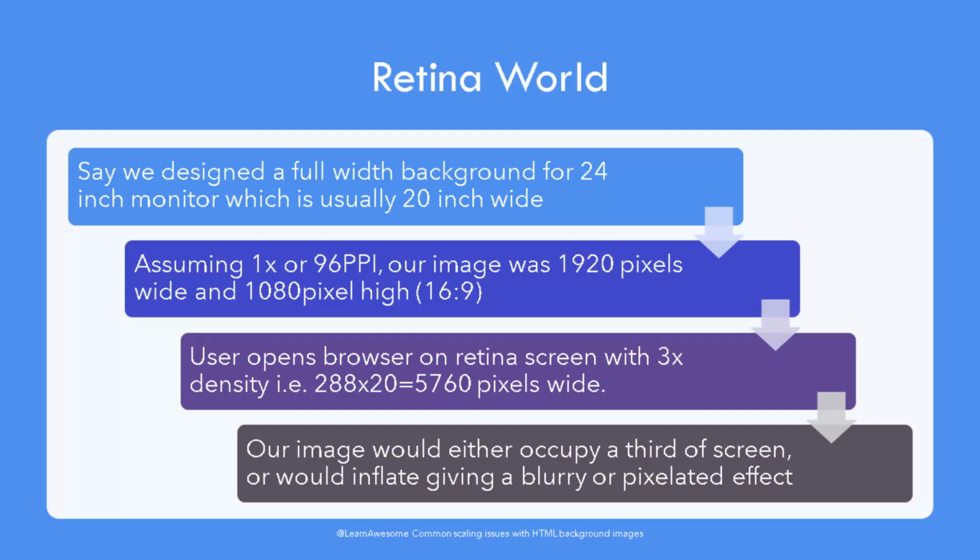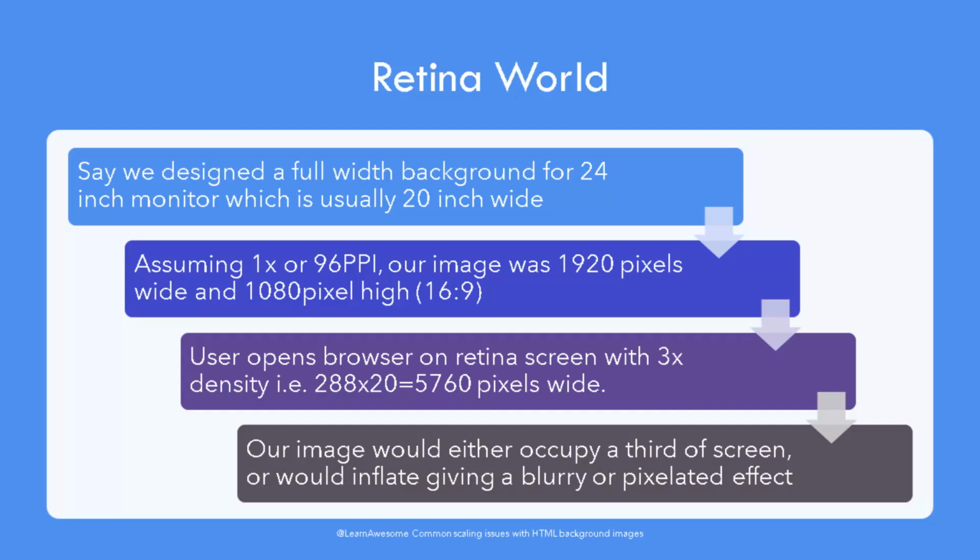But our user was using a retina display with 3x pixel density, so his 24-inch monitor would be 5760 pixels wide, and hence our supposedly high resolution image would barely cover a third of his screen, or would be stretched to cover, in which case we would be showing one image pixel in the space of three physical pixels, resulting in a pixelated or blurry image effect.